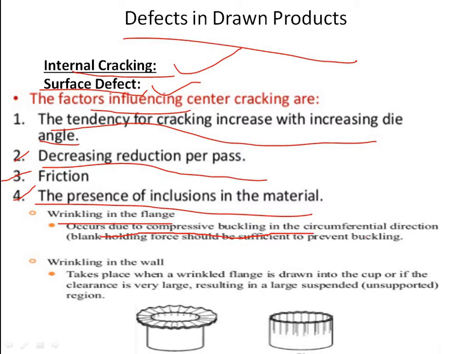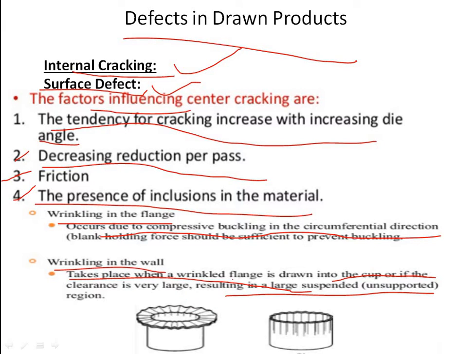It occurs due to compressive buckling in the circumferential direction, or blank holding force should be sufficient to prevent the buckling. Next, one more defect, that is wrinkling in the wall, takes place when a wrinkled flange is drawn into the cup, or if the clearance is very large, resulting in a large unsupported region.